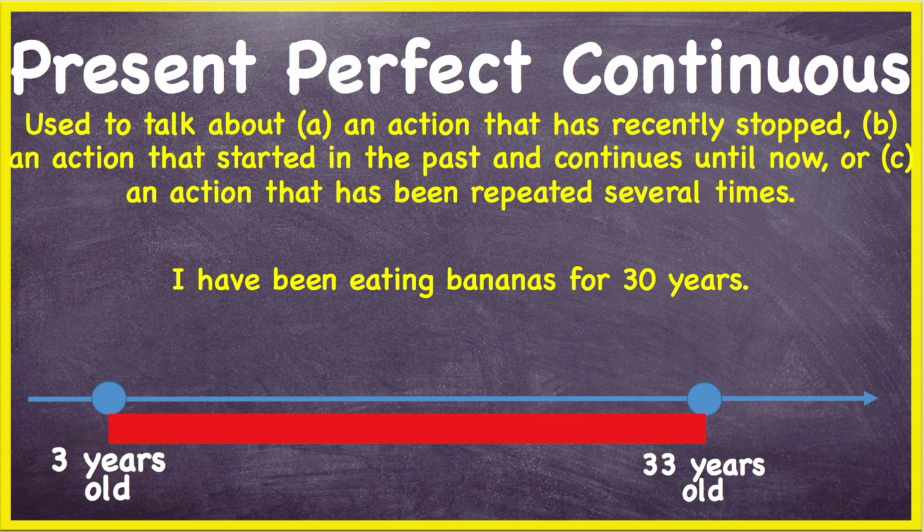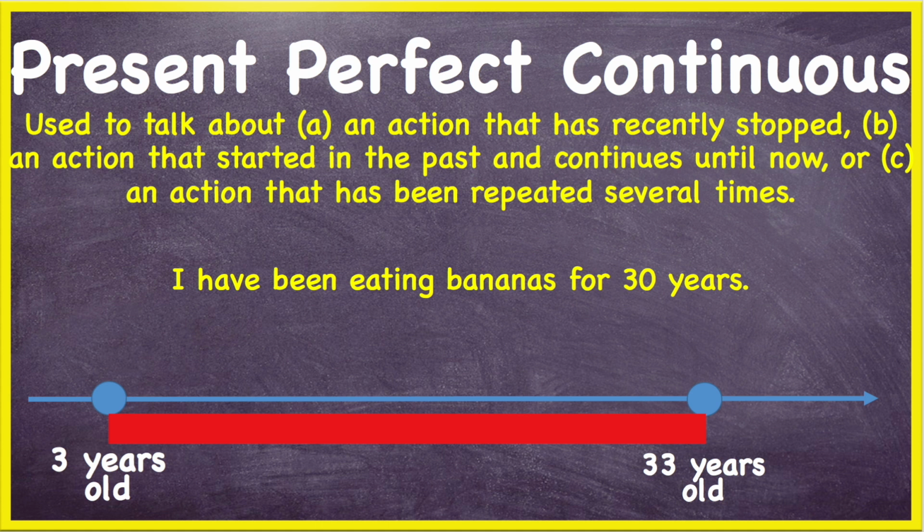So, I have been eating bananas for 30 years. Now, you could say that that means, wow, you haven't stopped. You haven't stopped eating bananas for 30 years. That's all you've been doing for 30 years. But that makes sense grammatically, but not realistically.